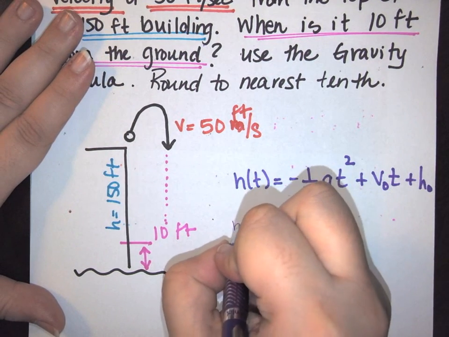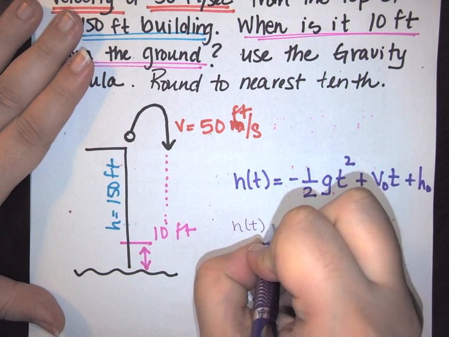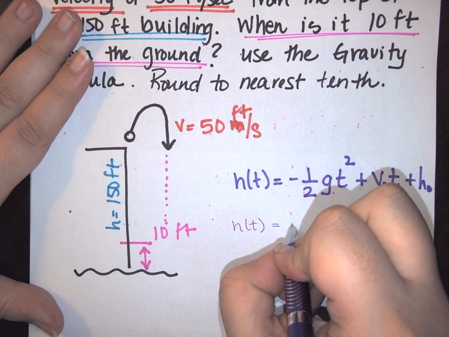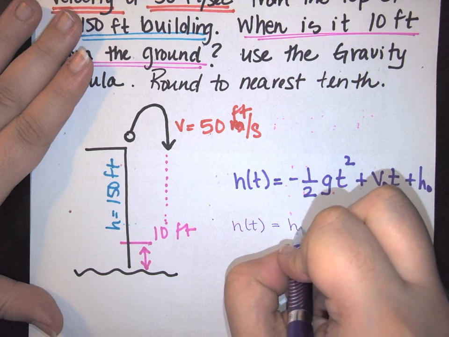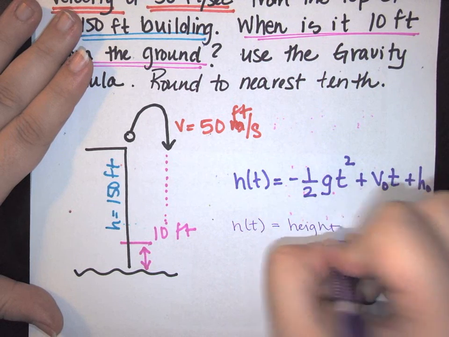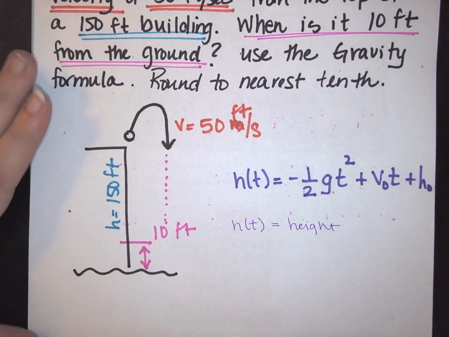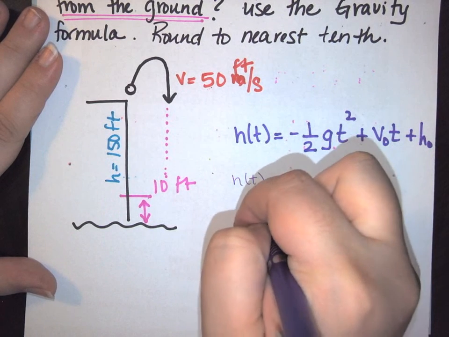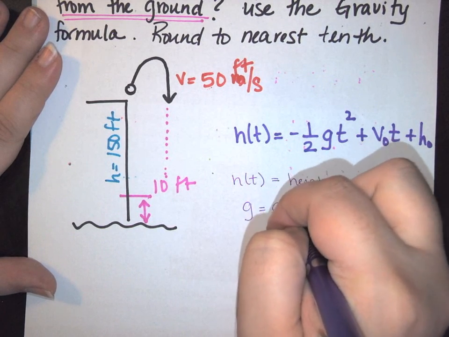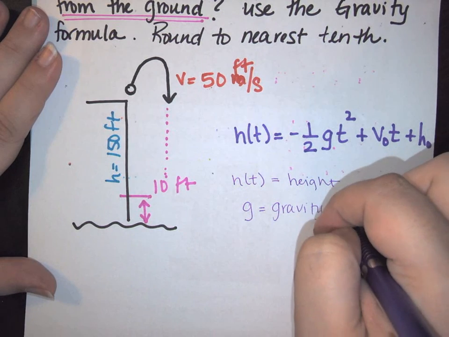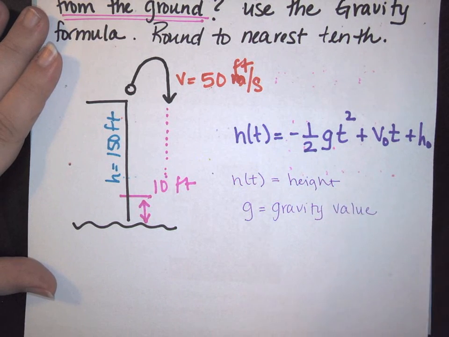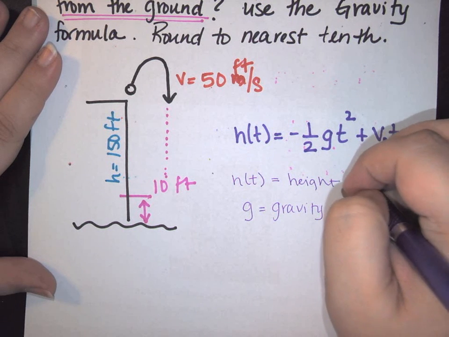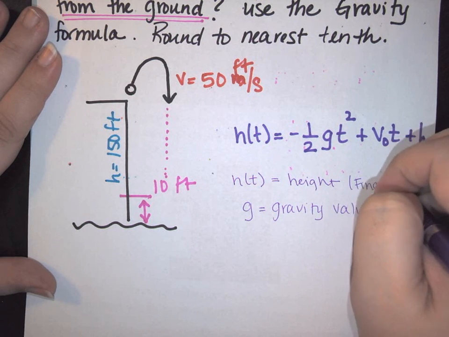Well, h of t is going to be your height. We have g, which is called your gravity value. Now when we're talking about height, sorry, I should have mentioned, this is your final height.